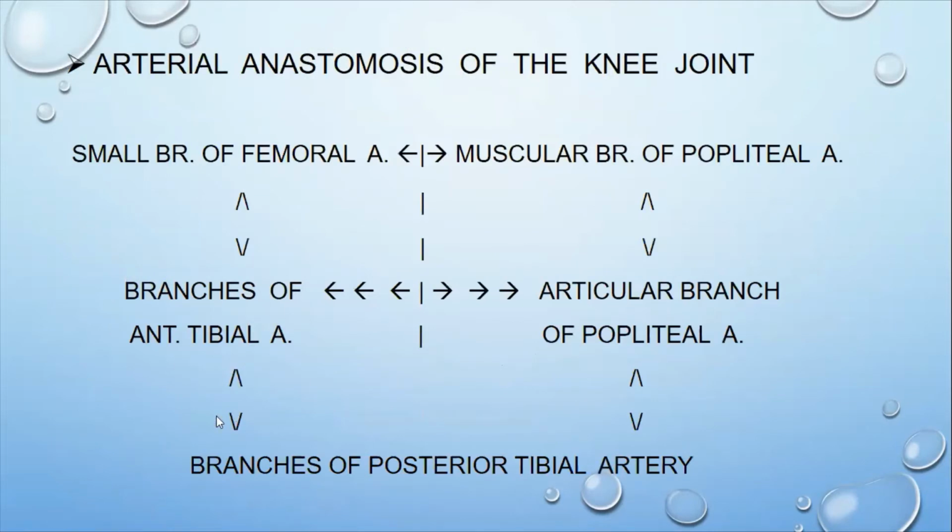Now this is an important relation in the posterior compartment of the leg. You have an anastomosis of the knee joint. God is so good to us that He gave us a good anastomosis in the knee joint. Why?